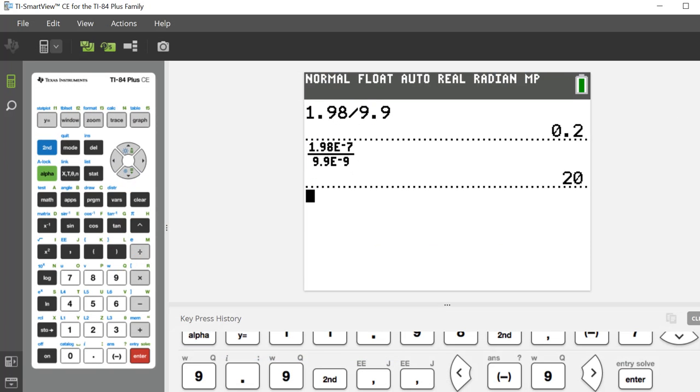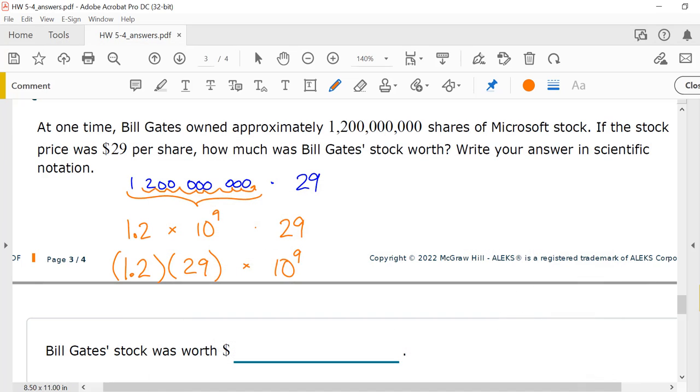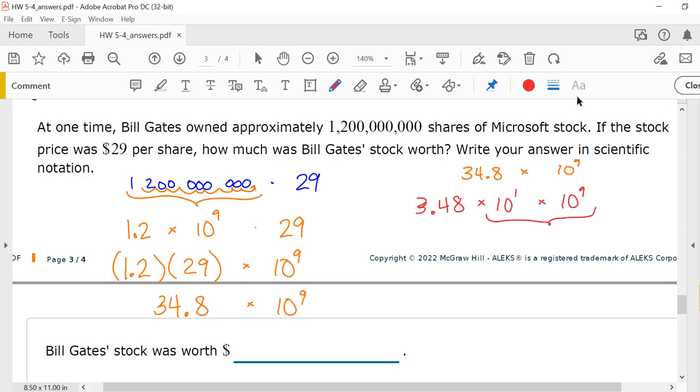Okay, 1.2 times 29 is 34.8, times 10 to the 9th. But 34.8 is not in scientific notation. So I need to write 34.8 as 3.48 times 10 to the, and I need to move it over one place, so times 10 to the 1, times 10 to the 9. 10 to the 1 times 10 to the 9 is 10 to the 10th.